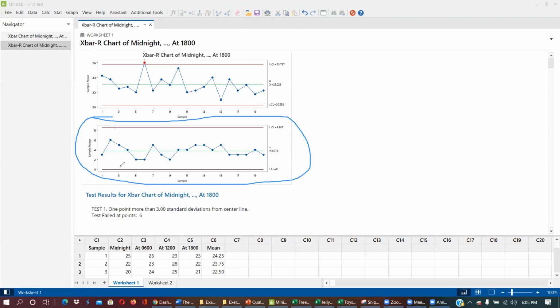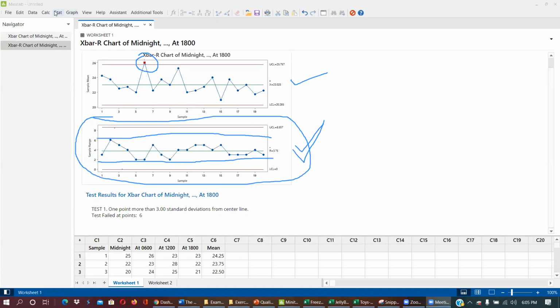This is the upper limit, this is the lower limit, and this is even less than 2 sigma. I believe this is within 2 sigma. So the range is very much in control. However, the process mean is not in control, because point number 6 is going out.